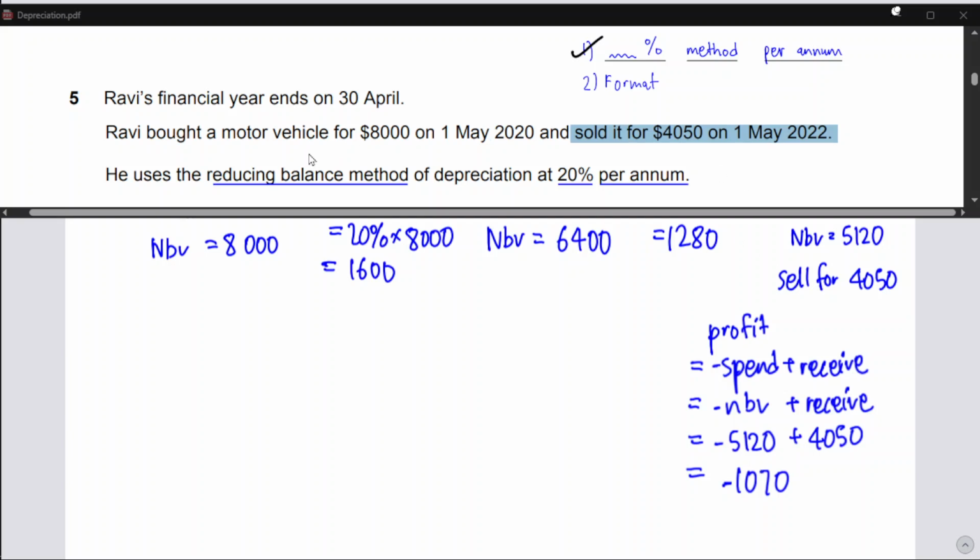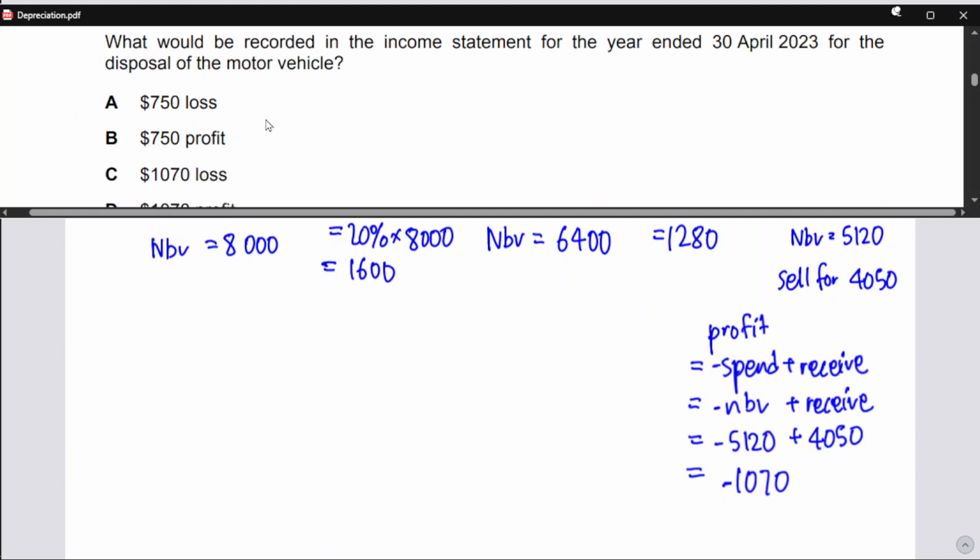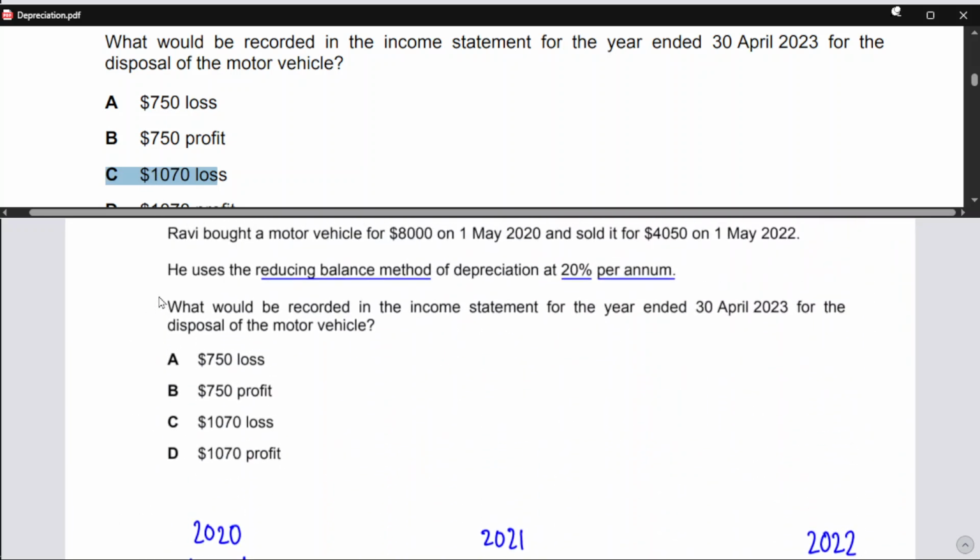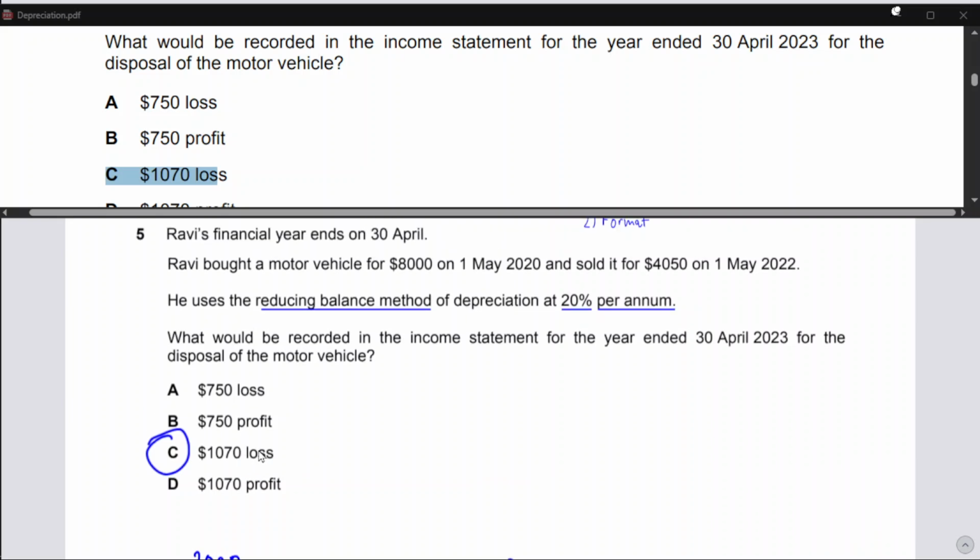So you say minus, right? So the answer will be C, because it's selling at a loss. So it's minus 1070.